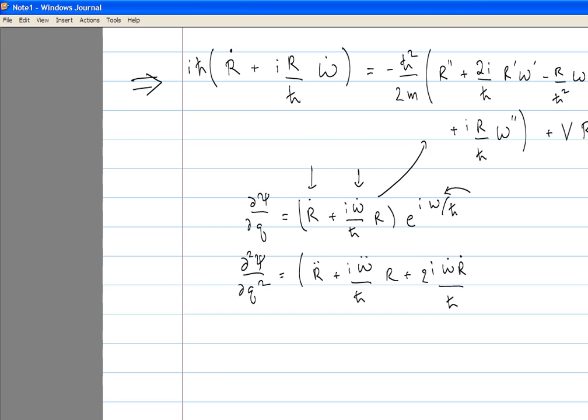Now, I know a lot of things about classical mechanics. I only know one thing about quantum mechanics: it's supposed to reduce to classical mechanics in the limit where h bar goes to 0. So when h bar goes to 0, this should reduce to classical mechanics.